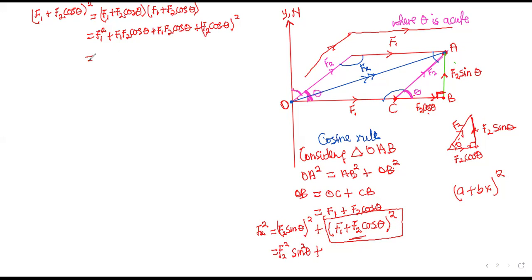When you rearrange this, you have F1 squared plus 2F1 F2 cos theta plus F2 squared cos theta squared. But cos theta squared is also written as cos squared theta.